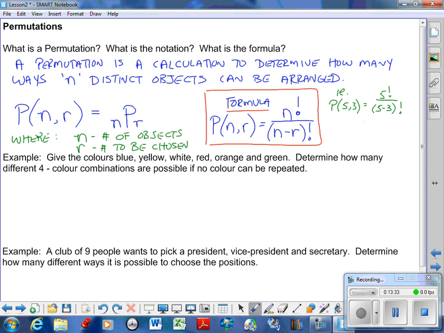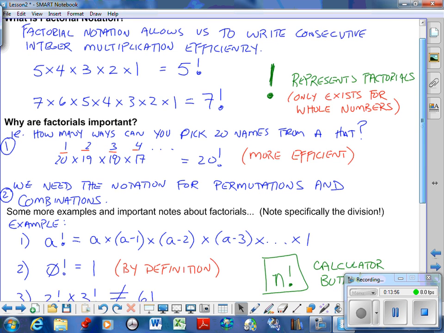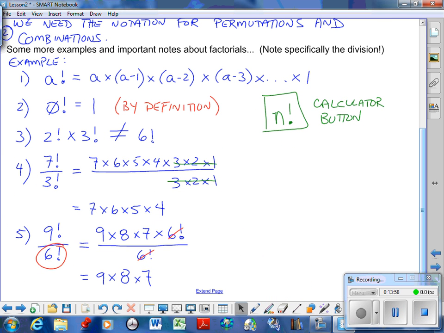If I simplify it, you'd have 5 factorial over 5 take away 3, which is just 2 factorial. The 2 factorial would cancel the 2 factorial on the top, so the answer is just going to be 5 times 4 times 3. Okay, so that's how the formula works, and that's why I showed you the previous slide, and more specifically the bottom on the fractions.